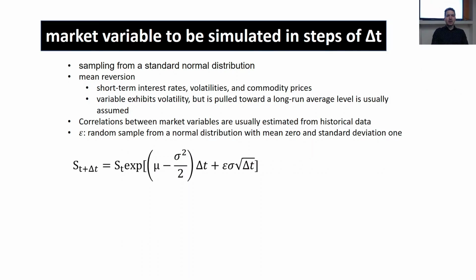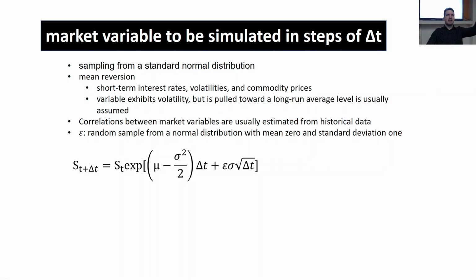Okay, so after that, market variables can be simulated in steps of time periods. If we are constantly sampling from a normal distribution, we can expect that the time series is mean reverting, so it always goes back to the mean value.